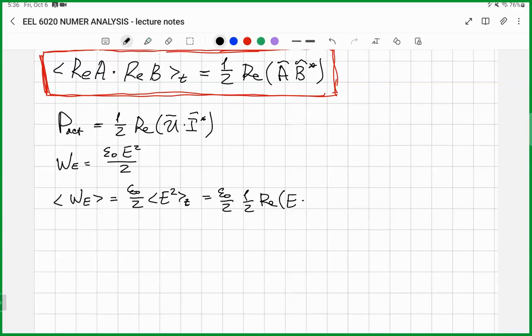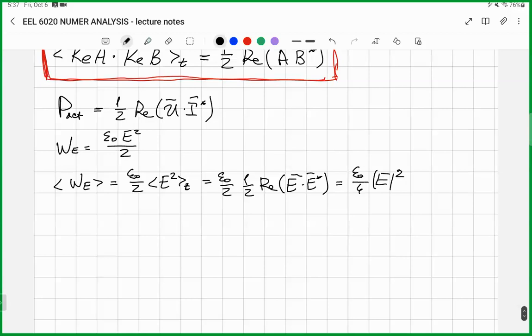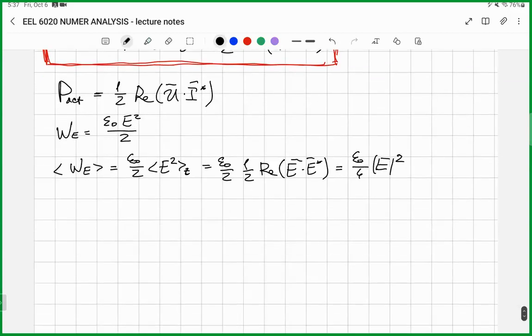E times E conjugated, and of course tildes. So E times E conjugated is exactly the absolute value, and the absolute value is a real number, so no need to take the real part. So what we get is epsilon naught over 4 and the E modulus squared. So the electric field modulus squared defines the energy.